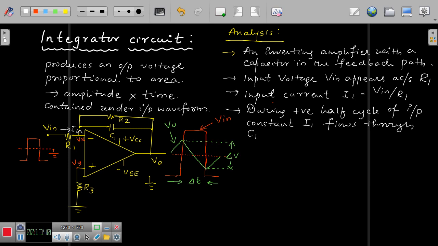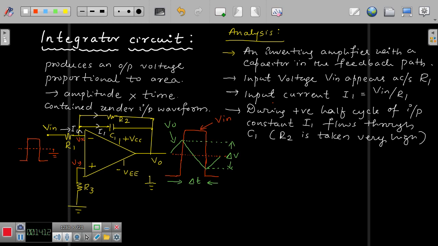Now you may ask, why does the current have to flow through C1? There is one more resistance R2 here, right. The value of R2 is taken very high. I will tell you why we have to take the value of R2 very high. Our main intention is to divert this current I1 through the capacitor C1, because we want the charging and discharging phenomena to take place across the capacitor.